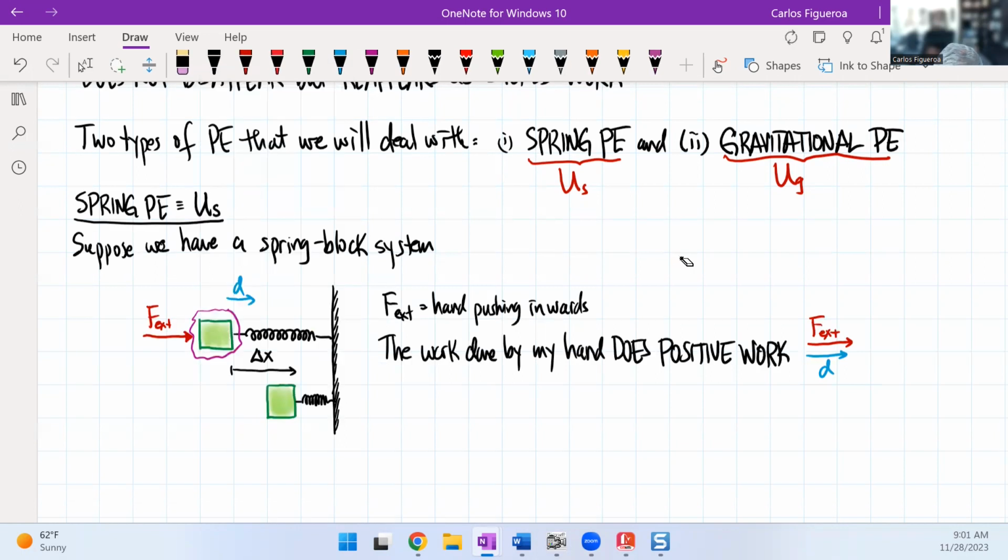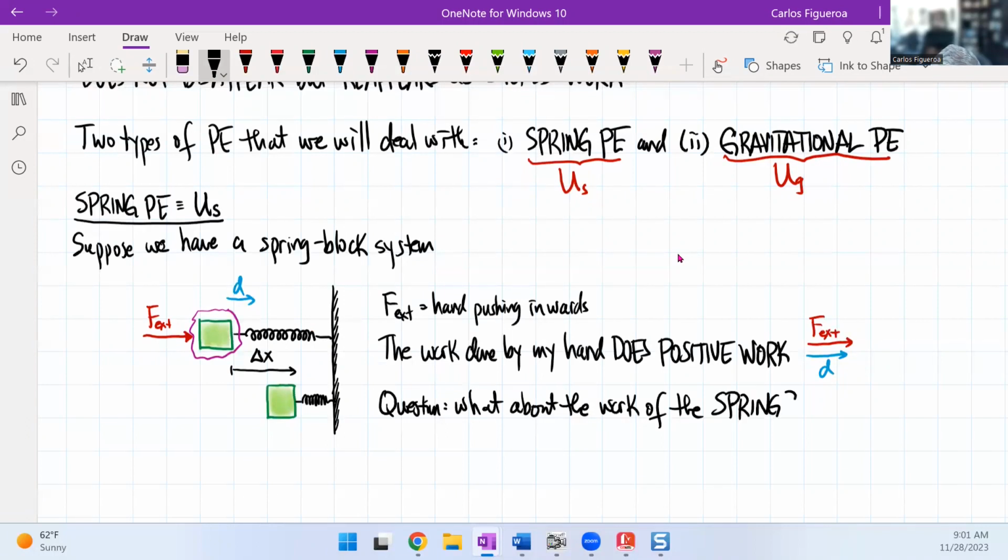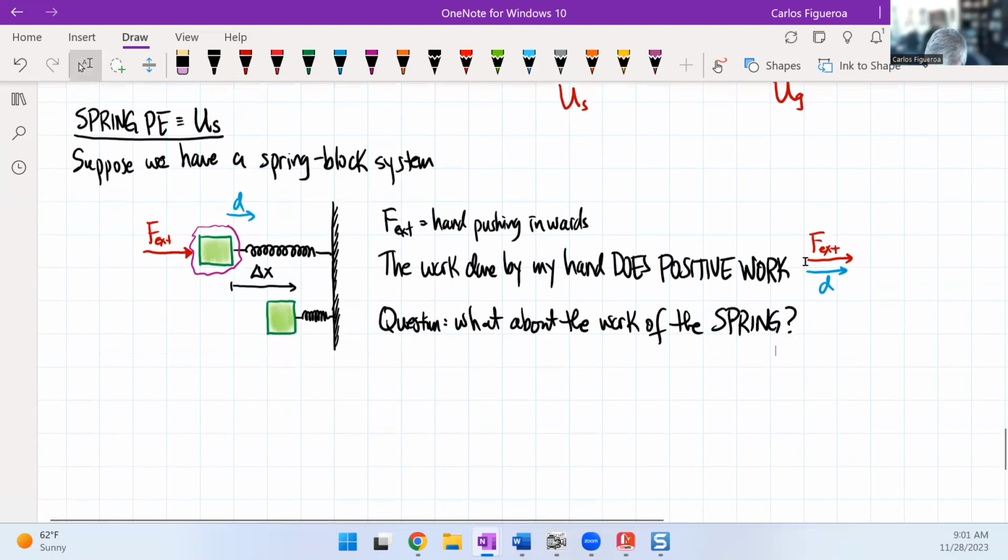So now, question. What about the work of the spring? Doesn't the spring do work too? The answer is it does exactly the same work, but in the opposite direction.